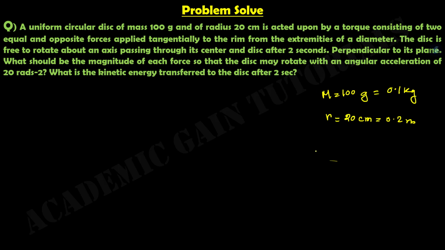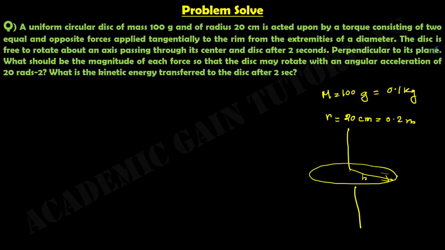It means, suppose this is the disc. The disc is free to rotate about an axis passing through its center. So our axis is in the center, this is our rotating axis, and this is our radius. Here it says the disc is acted upon by a torque consisting of two equal and opposite forces.